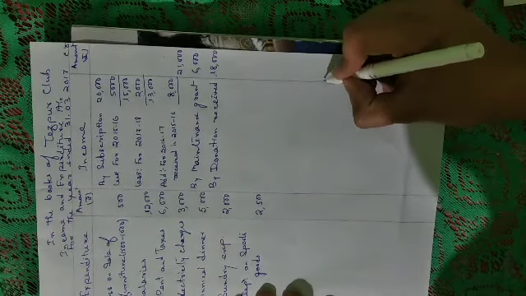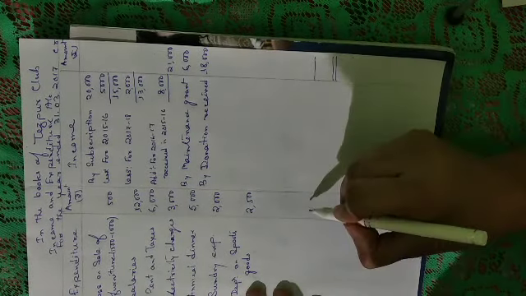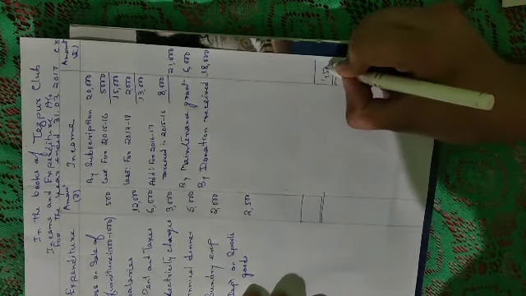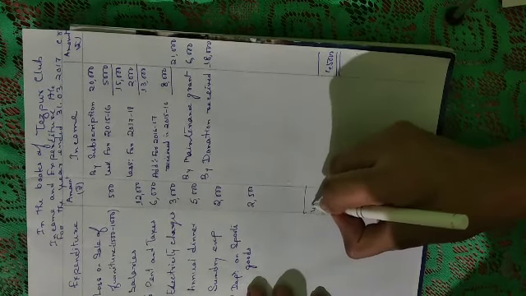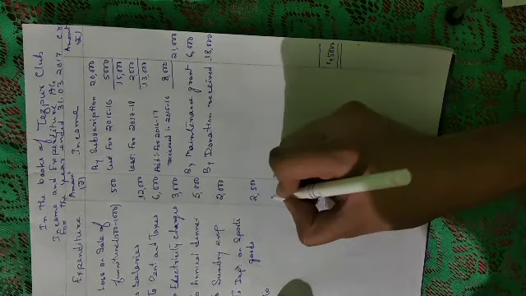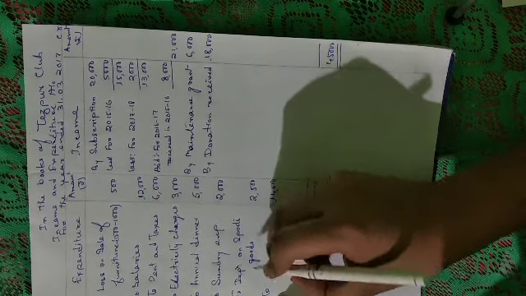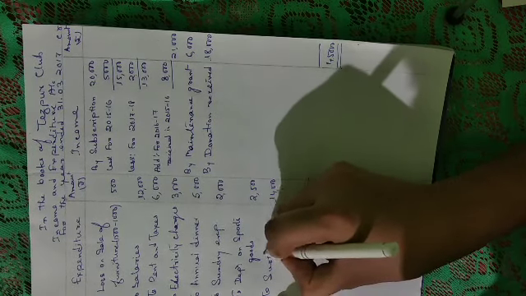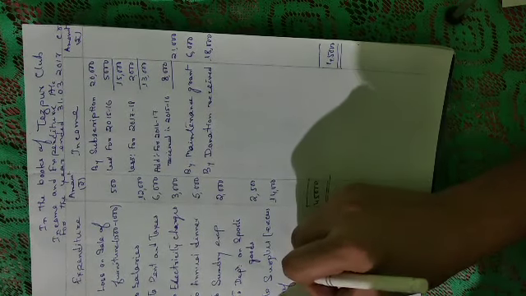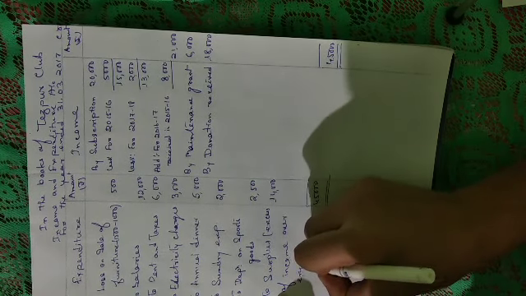So we do balancing. Here 45,000 and here 45,000. So the difference is rupees 14,000. So to surplus, excess of income over expenditure.